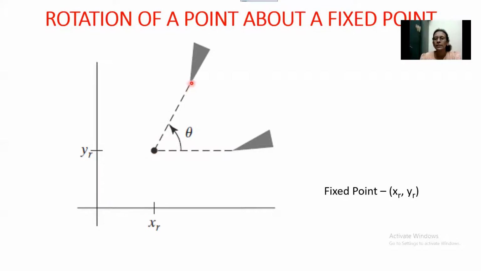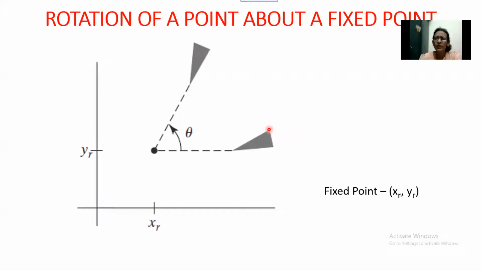So if you rotate about xr, yr, this vertex, you will get this. The angle that is made should be theta.